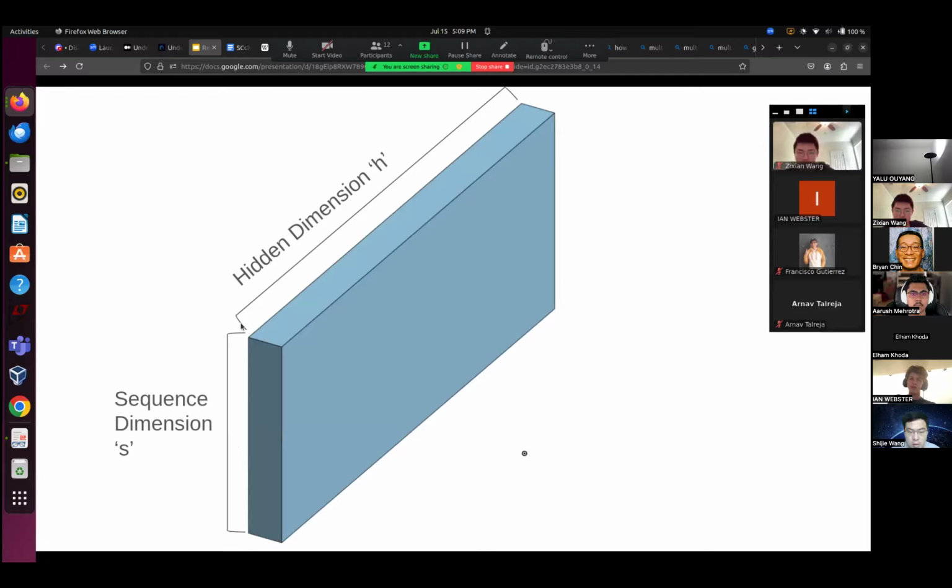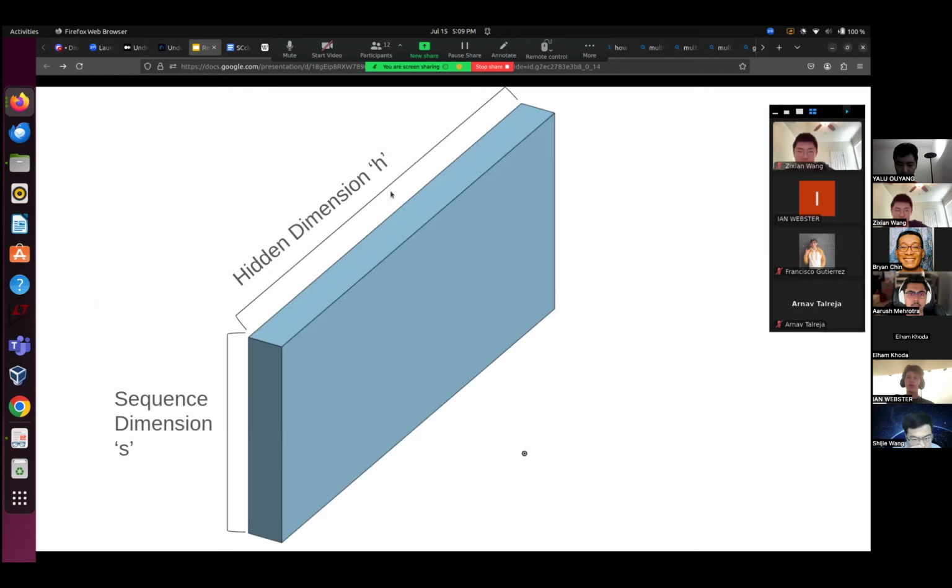That's how long it can be. The hidden dimension is all of the numbers associated with each word in the sequence. That hidden dimension will contain all of your positional embeddings, which have been added to some constants that are normally associated with your word.